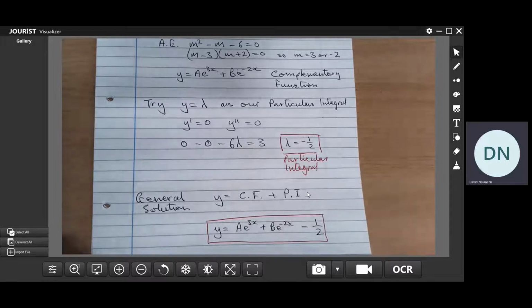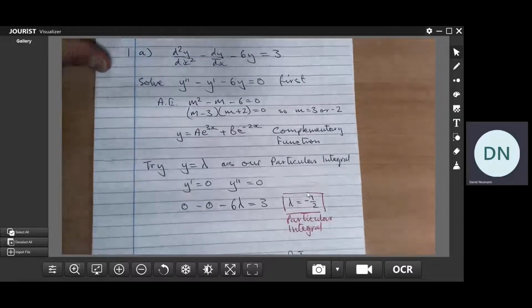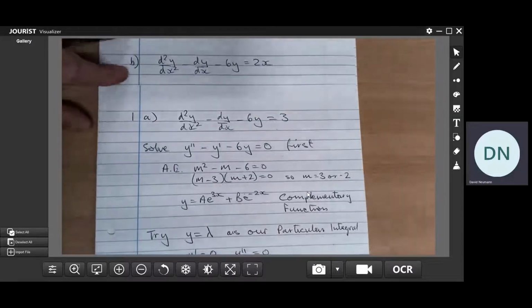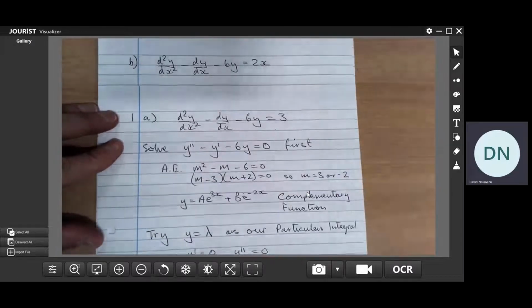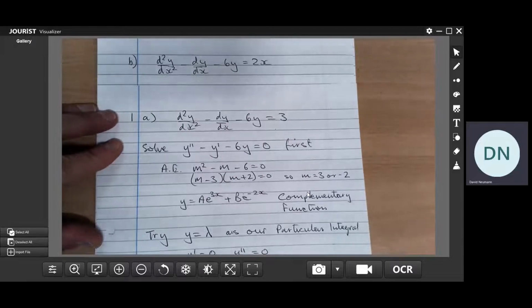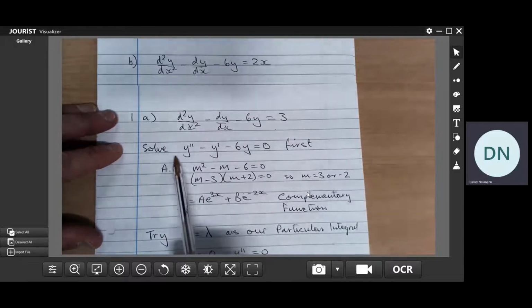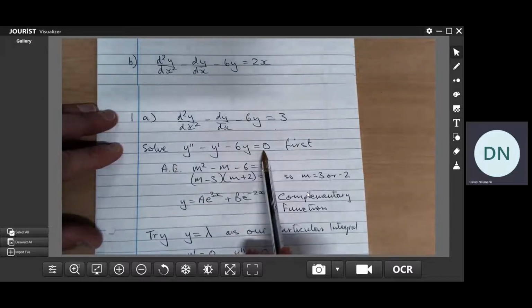Let's go on to example B, which, as you can see, is very similar to example A. What we've got now is 2x on the right-hand side. We're going to start in exactly the same way by solving the homogeneous equation.